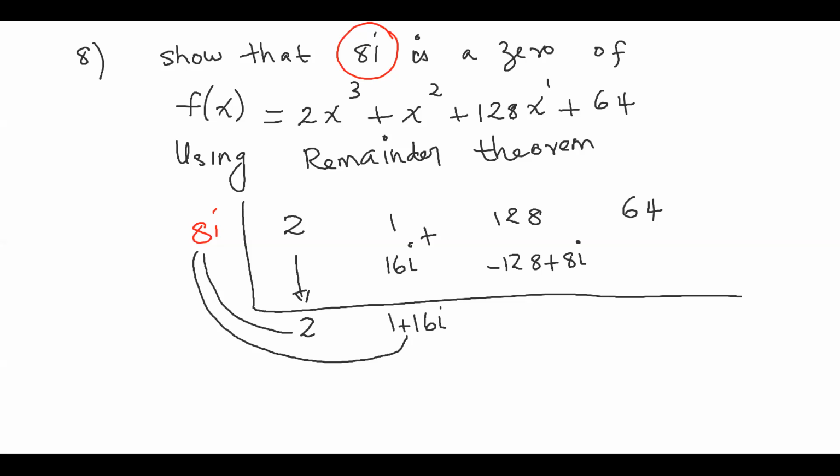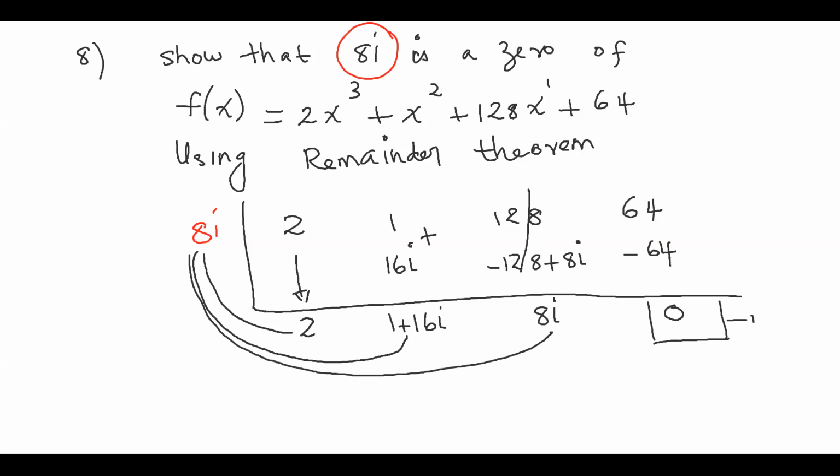Now when we add, these two get cancelled. We just get 8i. Now multiply 8i times 8i, we get negative 64. So when we add them, we are getting 0. If the remainder is 0, then 8i is our 0 of this polynomial.